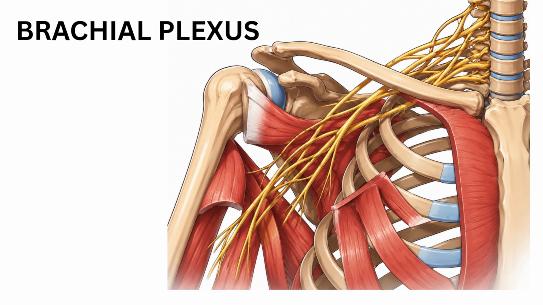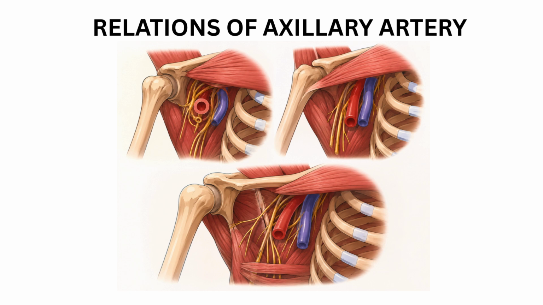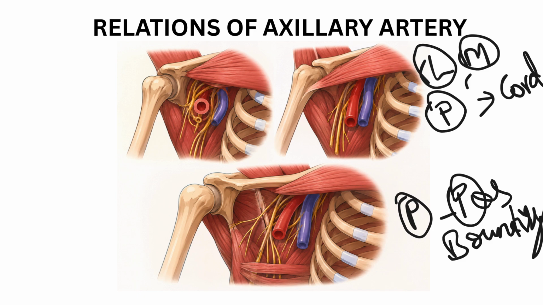the musculocutaneous nerve. Now coming to the posterior relation of the axillary artery. For the first part, the medial cord of the brachial plexus is posterior, the long thoracic nerve is related, and for muscles, serratus anterior is also related posteriorly. For the second part, you have the posterior cord of the brachial plexus and subscapularis.